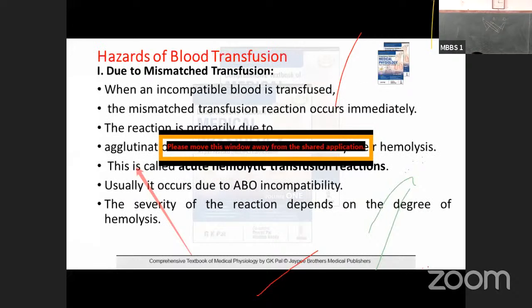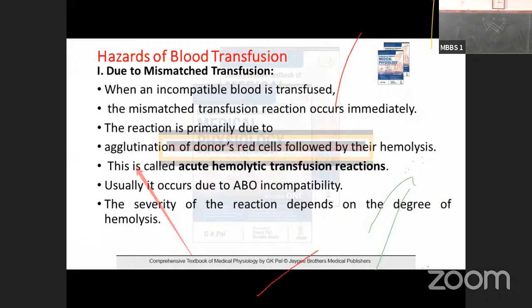Hazards of blood transfusion are due to mismatched, that is incompatible, blood transfusion. Mismatched reactions will occur. There is agglutination and hemolysis, which causes acute hemolytic transfusion reactions due to ABO incompatibility.